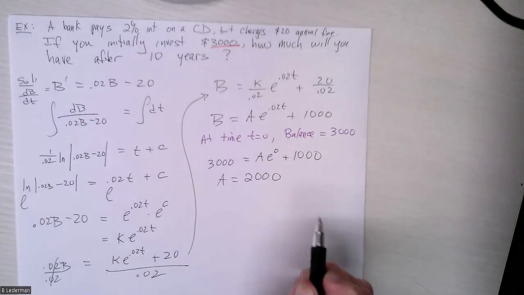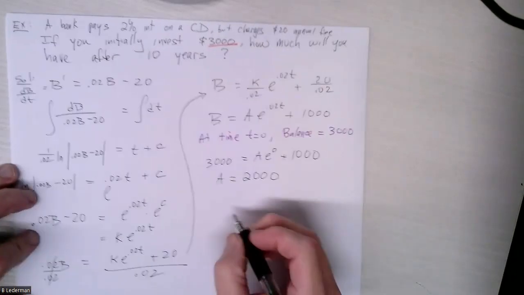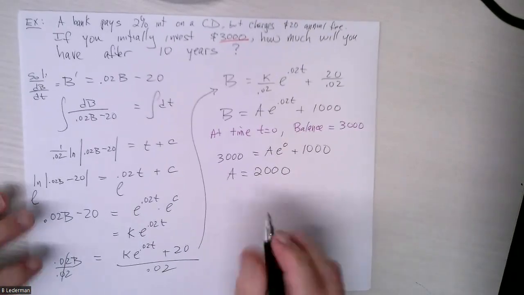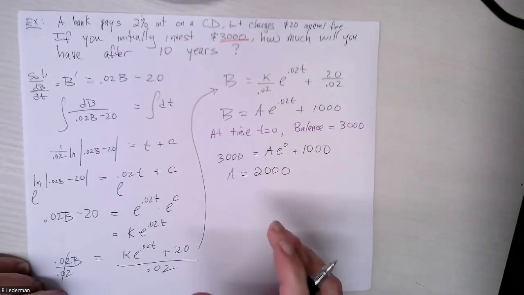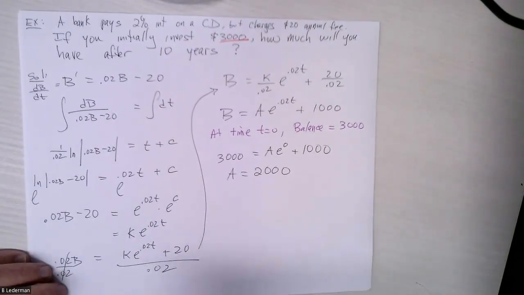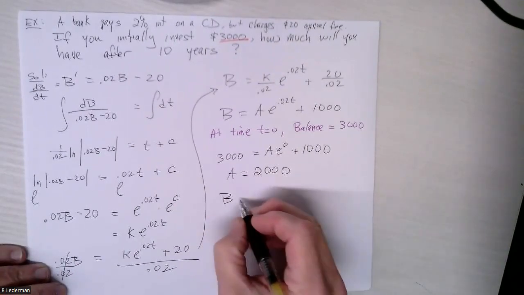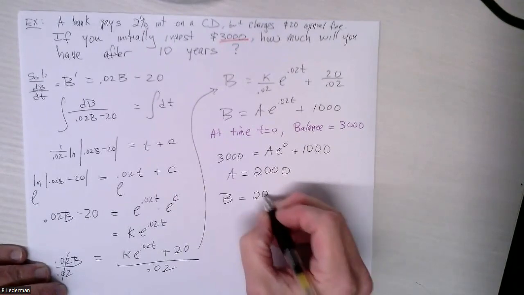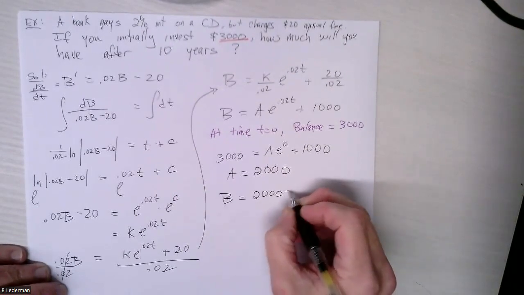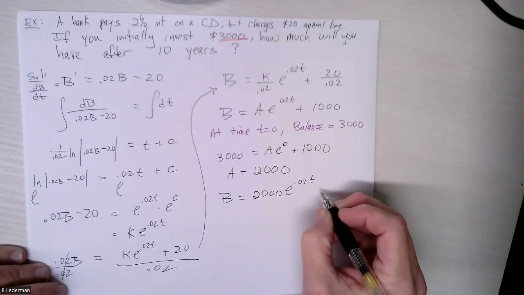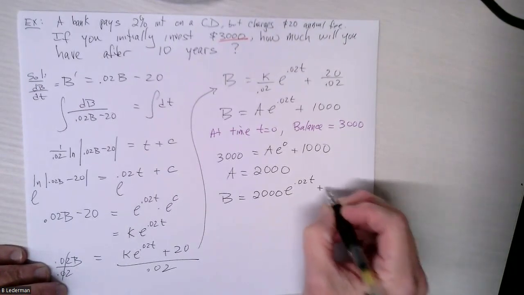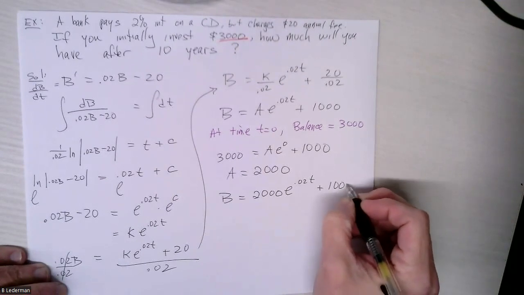Very, very simple math. So my formula is, this is what I've been working on this whole time. By the way, we haven't even begun to solve the problem yet. This whole thing is first finding a formula. Once we find the formula, then we're going to solve the problem like real quick. So b is equal to 2,000 e to the 0.02t plus 1,000.